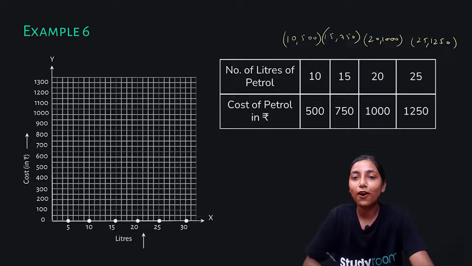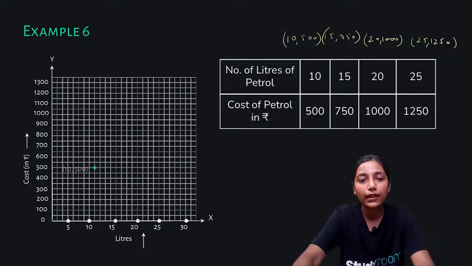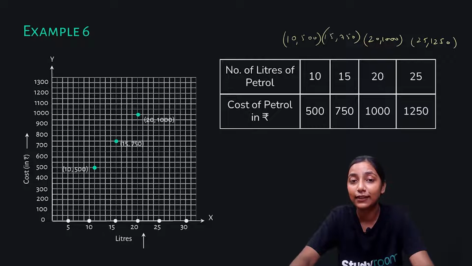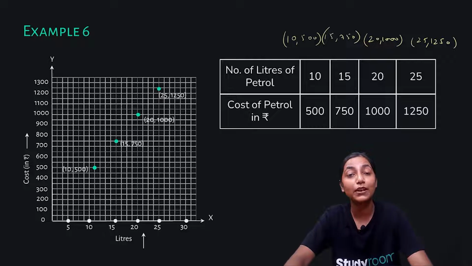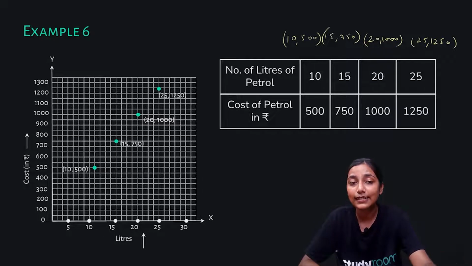In order to plot the graph for this data, you need to plot all these coordinates for these 4 points. If you start plotting, you will get your 10, 500 here, 15, 750 here, 20, 1000 here, and your 25, 1250 here. You take the scale for the x-axis and the y-axis accordingly.